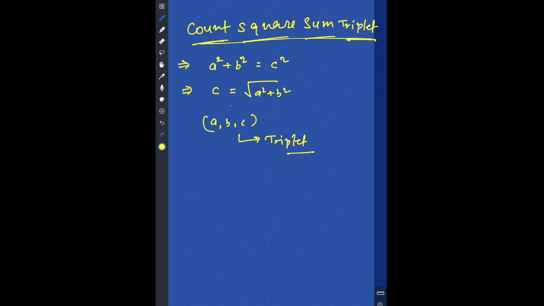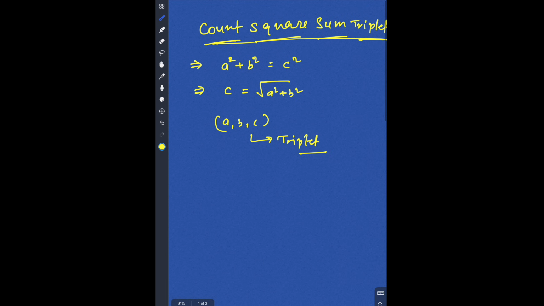Or you can also say, if we take the square root of a square plus b square, it should be c, and should not be greater than c.